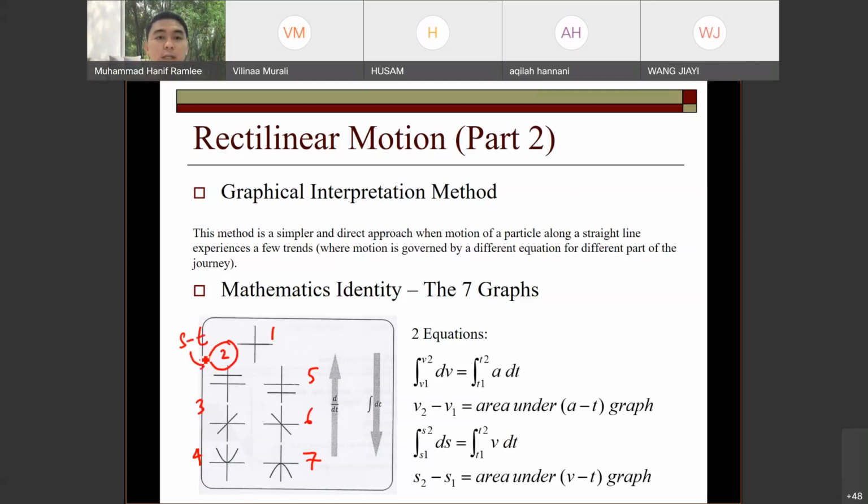You can interpret the s-t graph to become a v-t graph. In order to get the v-t graph, you have to differentiate the equation like in the previous lecture. We do have differentiation.